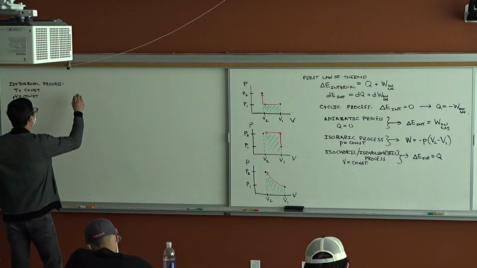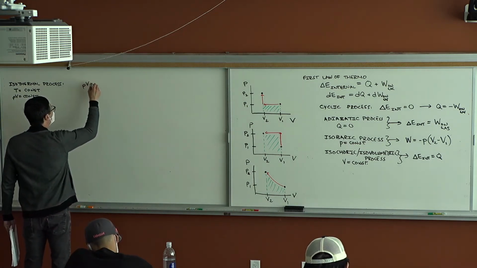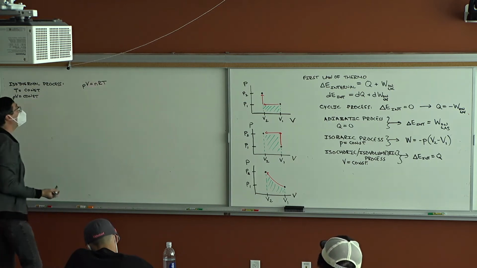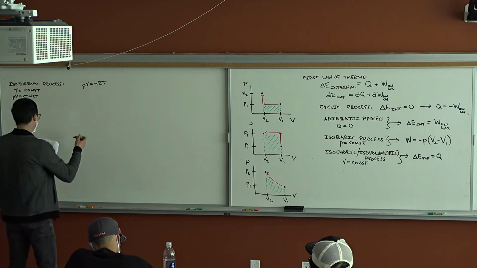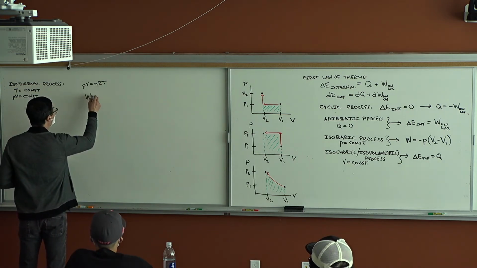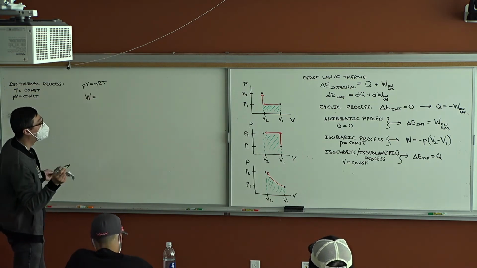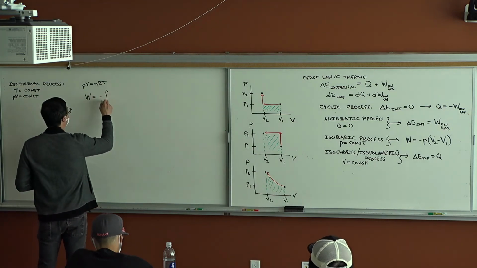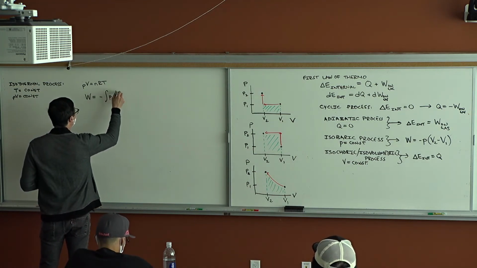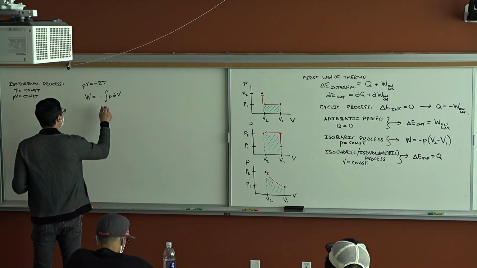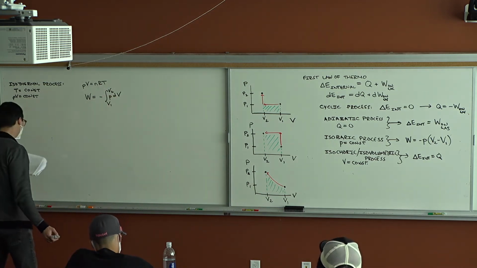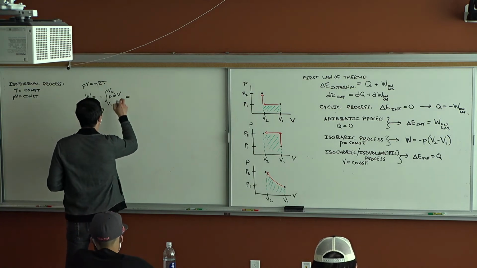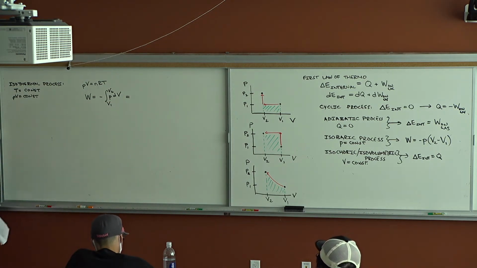So if we begin with PV equals nRT, then we can say that work equals minus the integral of PdV from V1 to V2. Well, how can I write P?